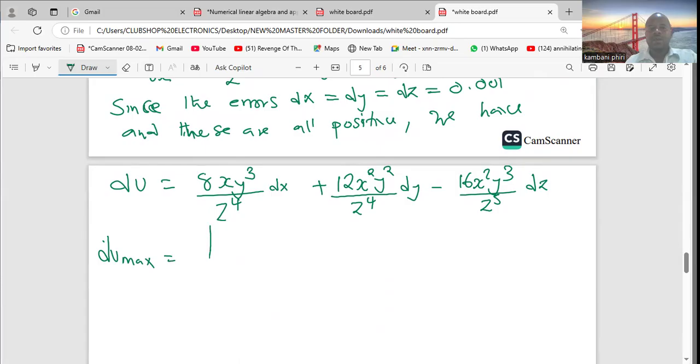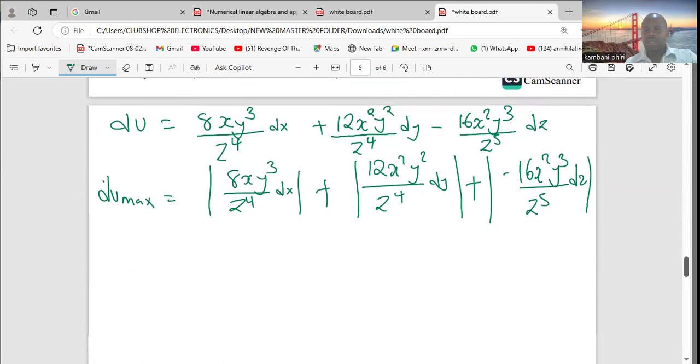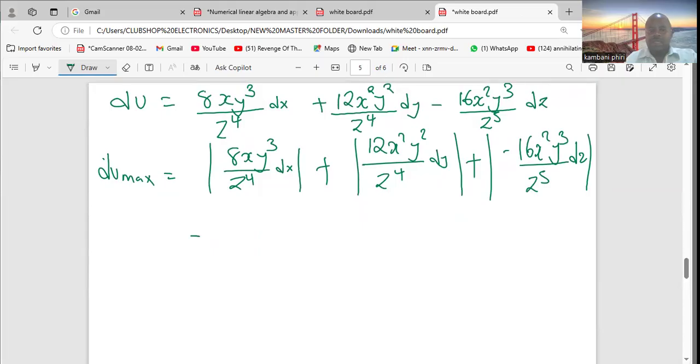So we'll say the absolute value of 8xy to the power 3 divided by z to the power 4 dx, plus, the aim is to ensure that we maintain the positive values, 12x squared y squared divided by z to the power 4 dy, plus negative 16x squared y to the power 3 divided by z to the power 5 dz. Okay. So what does it mean?